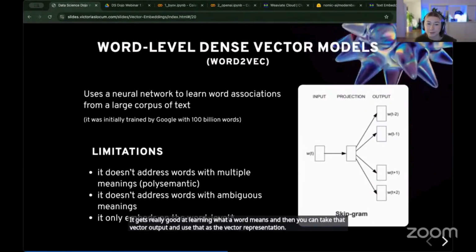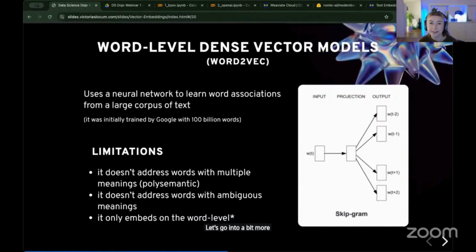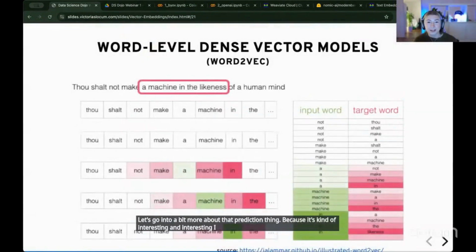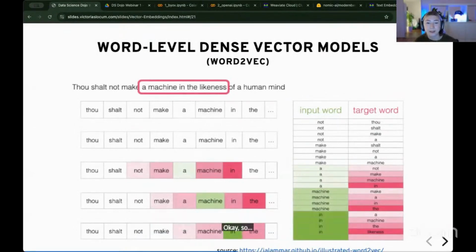Let's go into a bit more about that prediction thing, because it's kind of interesting, and I liked learning about it. Let's make the data set for training our Word2Vec model.